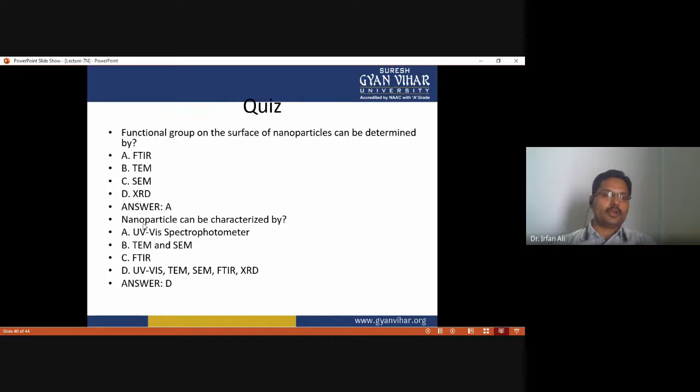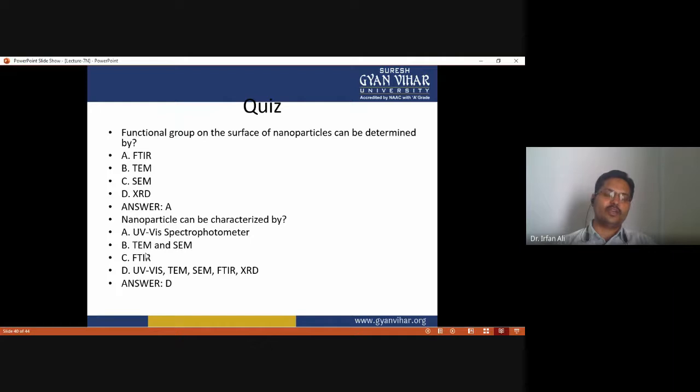Next, nanoparticles can be characterized by UV spectrophotometer, transmission electron microscopy, scanning electron microscopy, Fourier transform infrared spectroscopy, UV-visible, SEM, FTIR, XRD. As we discussed in the lecture, all these techniques can be used for the characterization of nanoparticles depending on the nature of analysis.